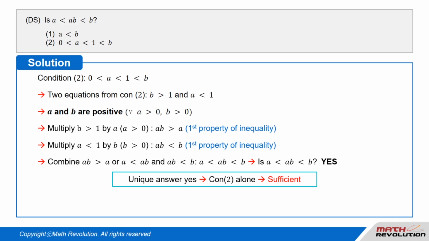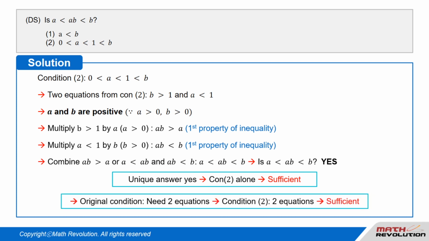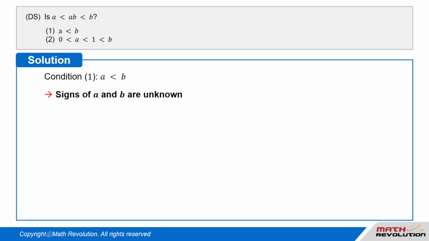So the condition is sufficient according to CMT1, which states that the answer will be in terms of a unique yes or no. It is sufficient because two equations are required from the original condition, and condition 2 does have two equations.